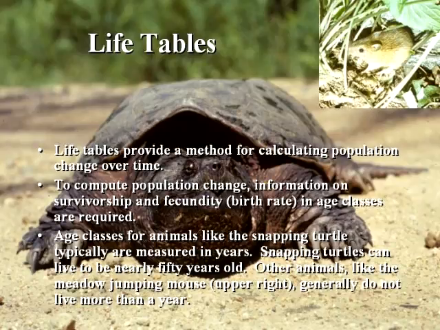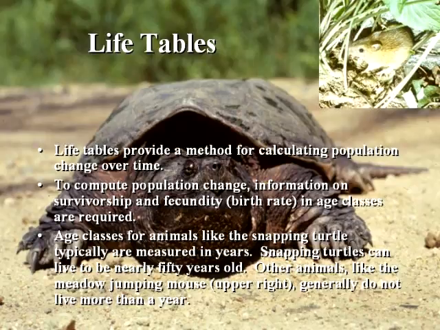Life tables are used a lot by things like insurance companies to calculate risk. But they're also used by population biologists to learn about how we might project population growth or decline over time. And of course, when we're talking about age classes, it does depend upon what kind of creature we're talking about.